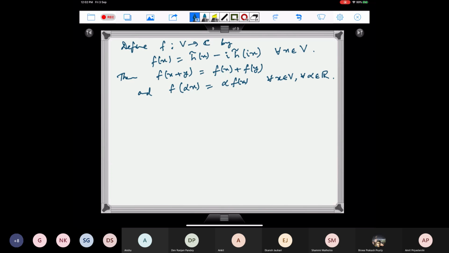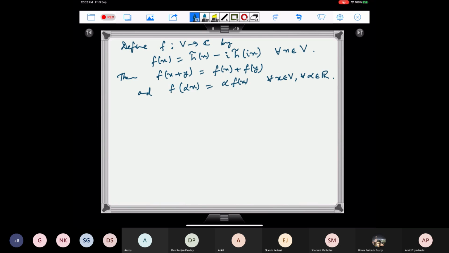So h tilde of alpha times x is alpha times h tilde of x if alpha is a real number. But h tilde of alpha x is not alpha times h tilde of x if alpha is a complex number, because h tilde is always real valued. So we get this only for real alpha.